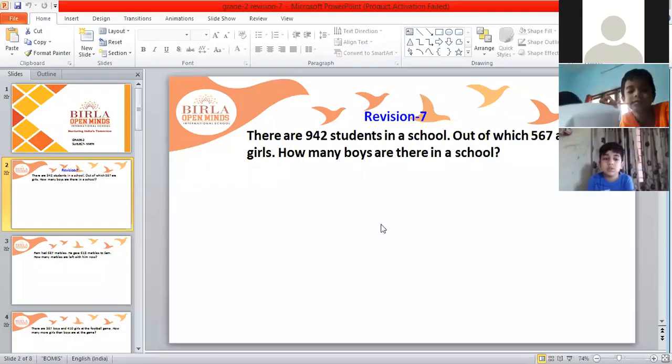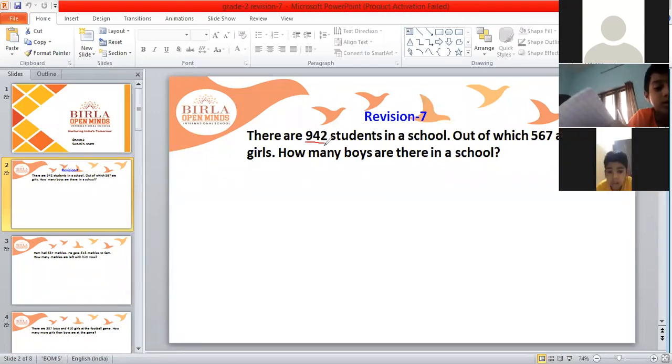Okay. So there are 942 students in a school. There is one school, and in that school there are 942 students. This means the total number of students in the school is 942, out of which 567 are girls.